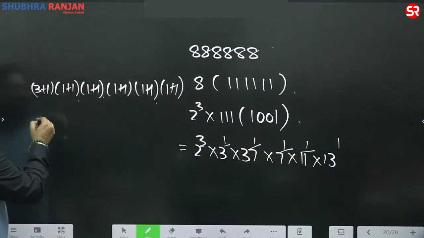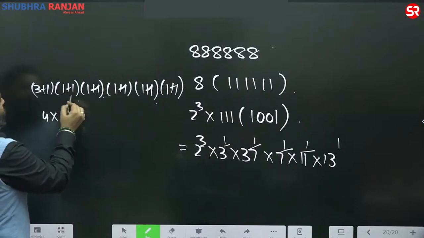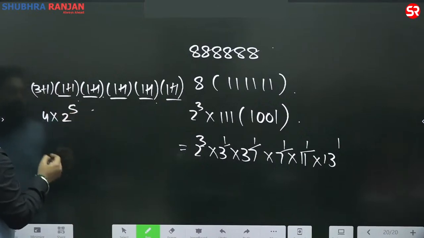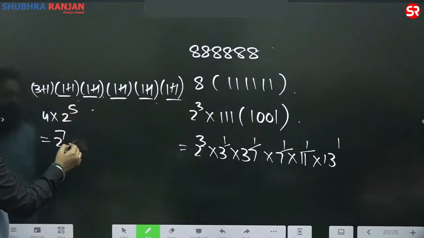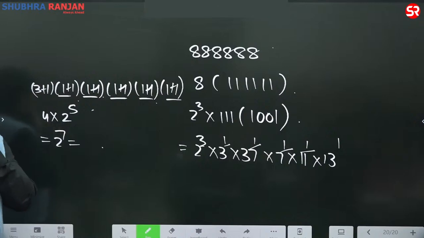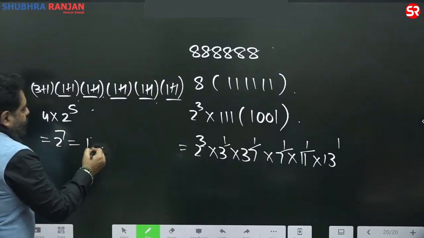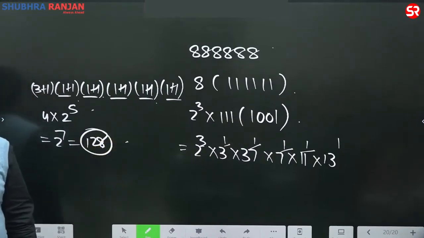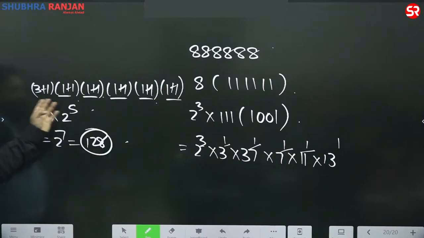So it comes out to be 4 into 2 to the power 5, which is 2 to the power 7, which is 128 factors of 888888. Clear? So as many number of primes are adjusted, as many number of multiplications are adjusted.